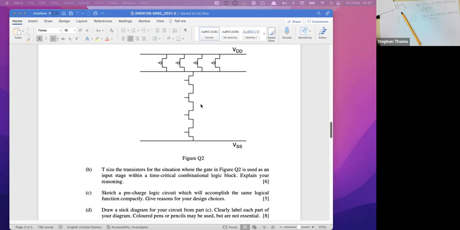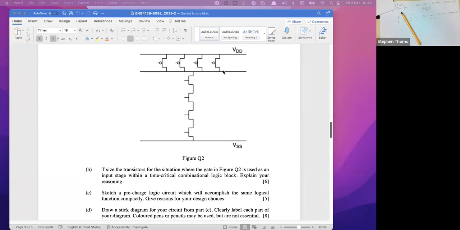Now, of course, if you do the N one, you're going to have a lot of transistors in series, which makes for quite wide transistors. Whereas if you do it on the P side, because they're in parallel, the transistors aren't quite so wide.